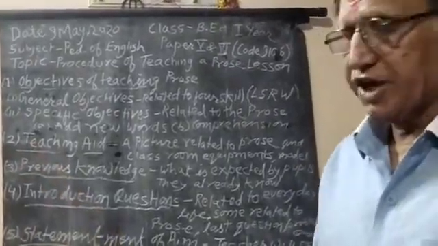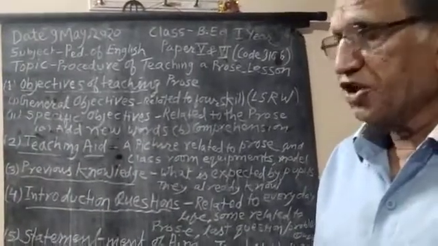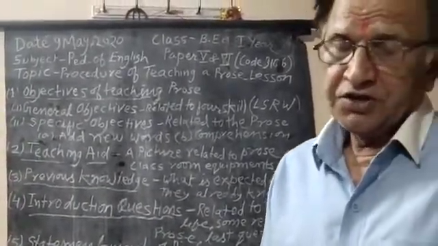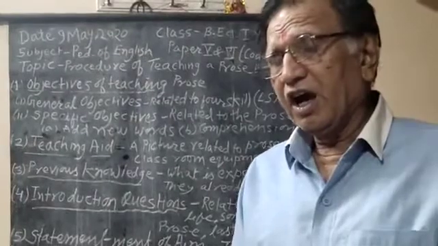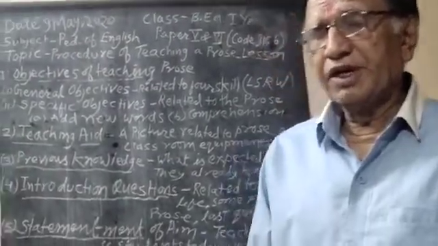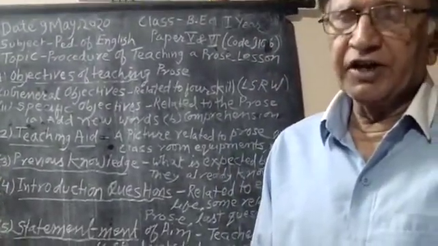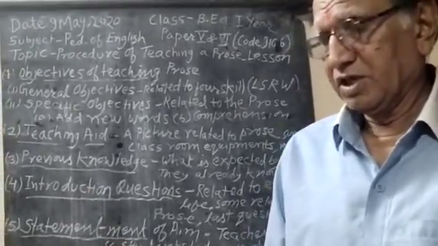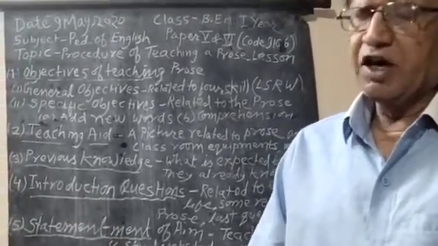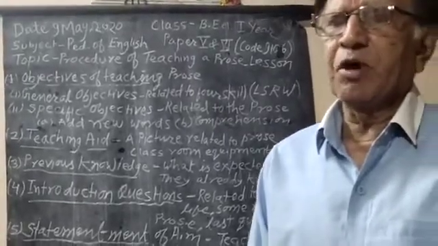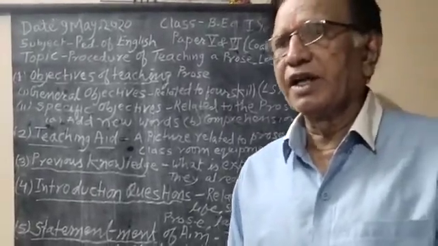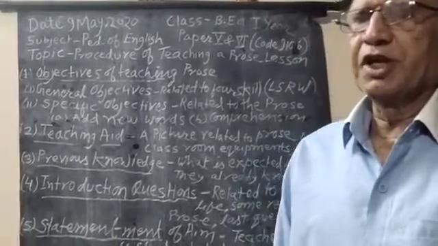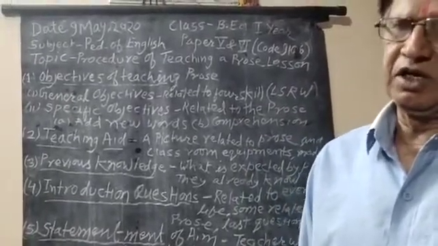Then comes second step, that is teaching aids. Teaching aids are to be prepared or brought according to the requirement of the lesson. For example, if the prose is about the Taj Mahal, then the teacher should bring the model of the Taj Mahal.